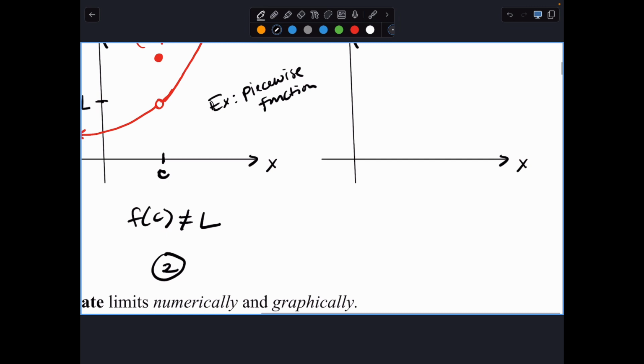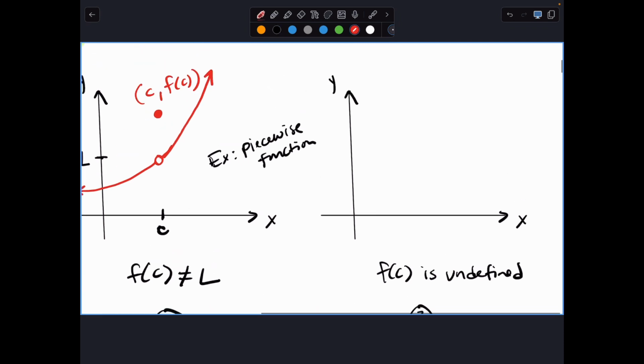Third case, similar to the previous one, is if f of c is undefined. So I'm going to draw a very similar graph.